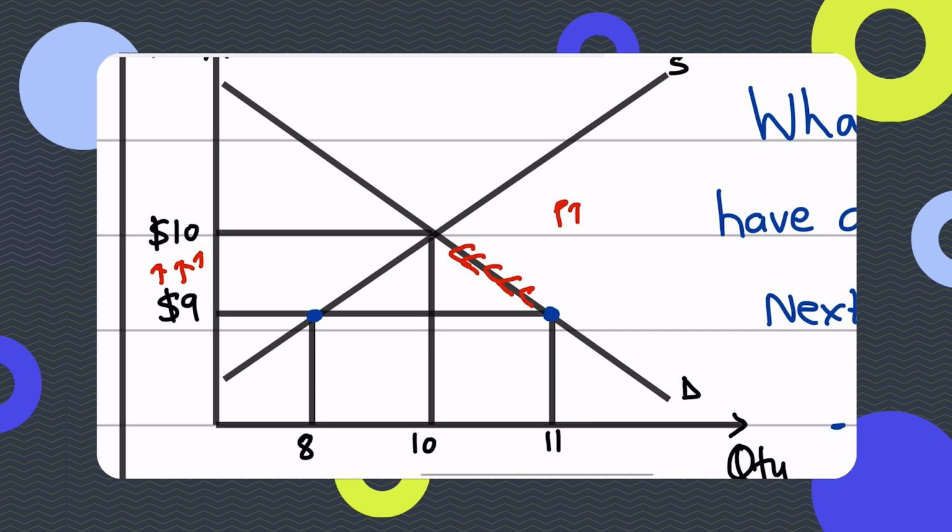As the price goes up, the quantity demanded goes down, ceteris paribus. While the quantity supplied would start extending, right? As the price goes up, quantity supplied goes up because of higher profitability. So producers would start producing and selling more, and the quantity supplied would increase from 8 to 10, while the quantity demanded would decrease from 11 to 10.